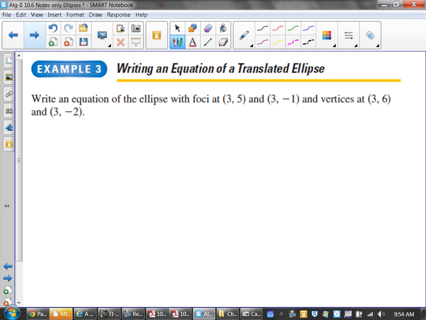So if I have foci at 3, 5, and 3, -1, vertices at 3, 6, and 3, -2, we need to figure out what's going on. So we plot it. Those are my foci.